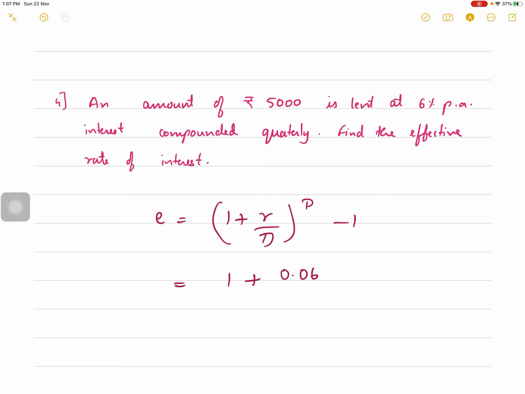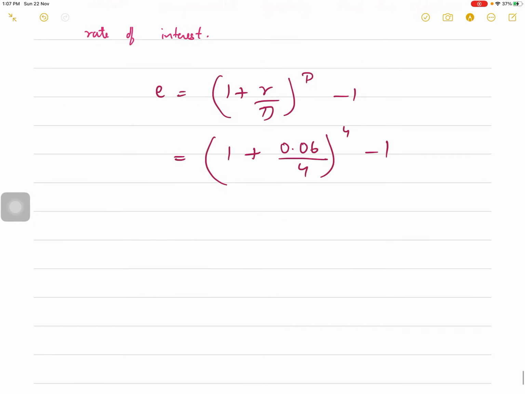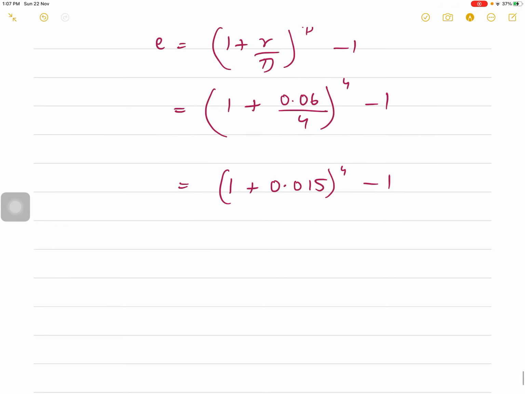1 plus 0.06 divided by 4, the whole raised to 4, minus 1. 1 plus 0.015, the whole raised to 4, minus 1. 1.0614 minus 1, so 0.0614, or 6.14%.